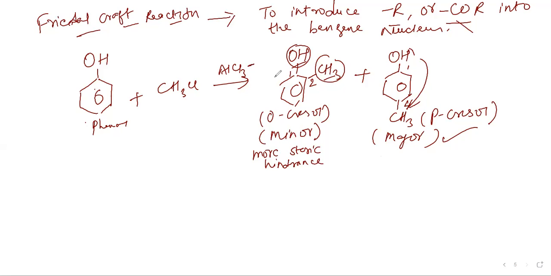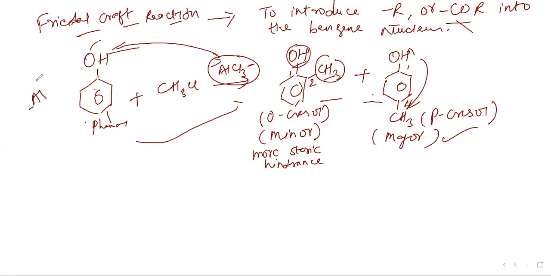So phenol will start reacting with this aluminium chloride, due to which we have low yield of ortho and para products, which are the main products of this reaction. The only reason is that this aluminium will coordinate with the oxygen atom.